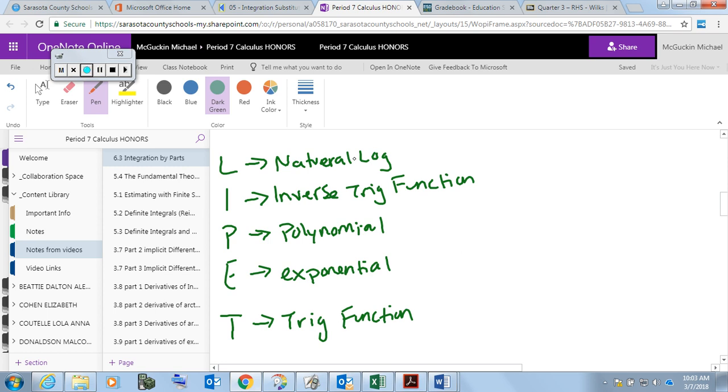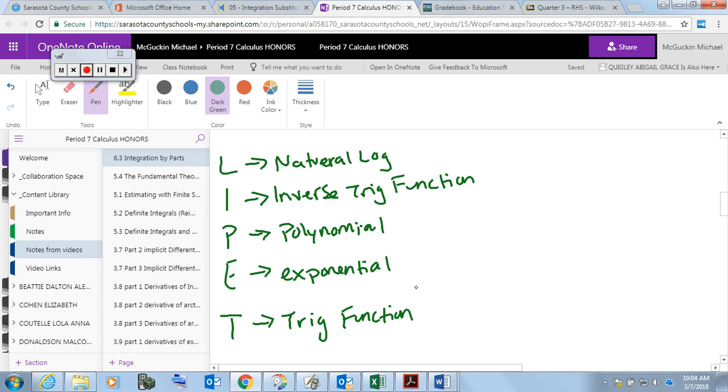Goal number 1, can you find a natural log? Goal number 2 would be to make U an inverse trig function. Goal number 3 was to make U a polynomial. Goal number 4 would be to make it an exponential. And finally, your last glimmer of hope would be to make U a regular trig function, not an inverse trig function.